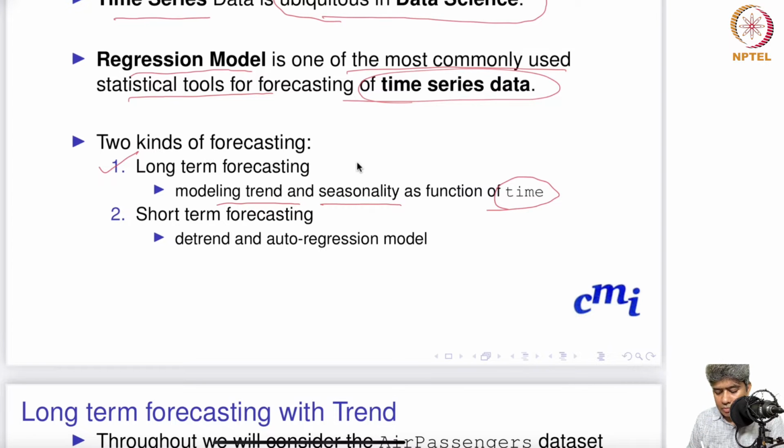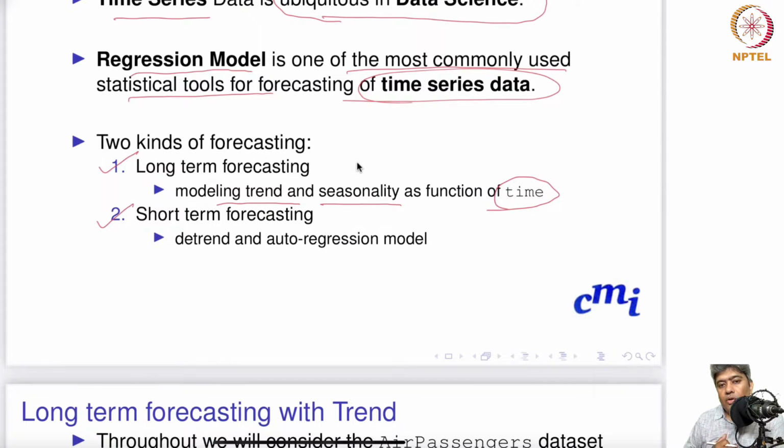Another objective is short-term forecasting. In short-term forecasting, we are typically interested in forecasting the next time period or the next 2 time periods, maybe the next 3. You will not even go up to 4 or 5 time points.